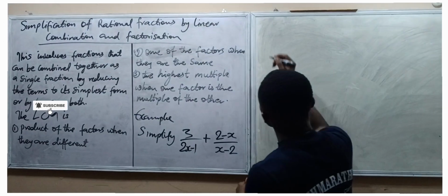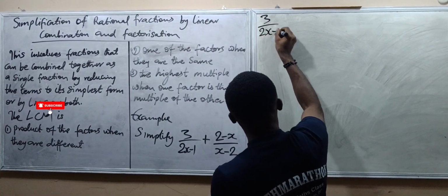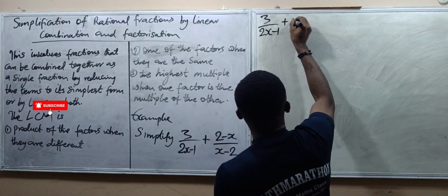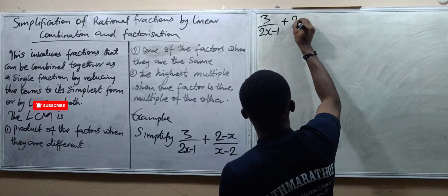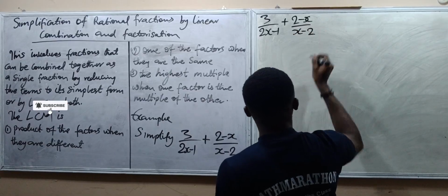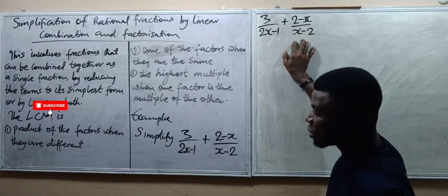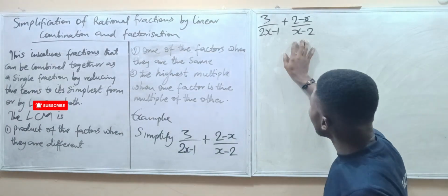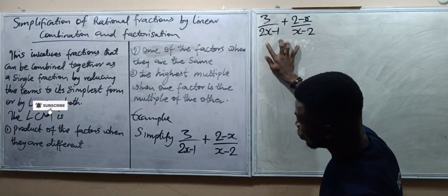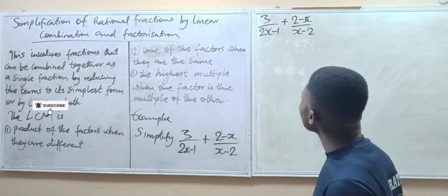So we have 3 over 2x minus 1 plus 2 minus x all over x minus 2. Now we look at the denominators. They are not the same, and one is not a multiple of the other, so they are different denominators. So what do we do? We take their product as the LCM.